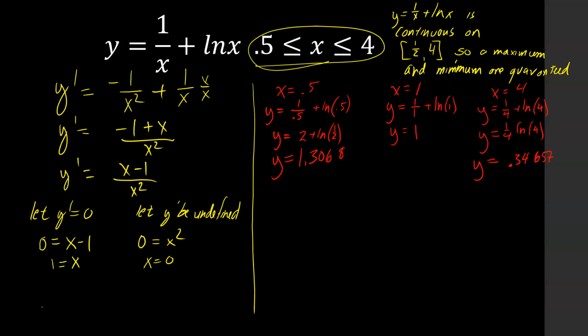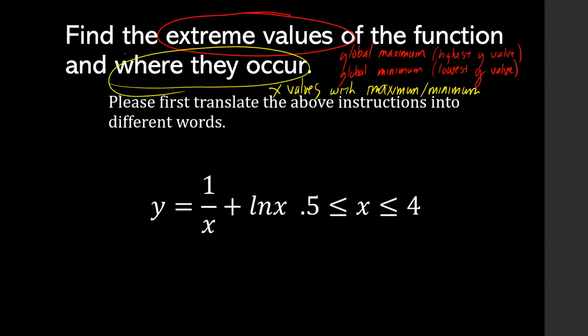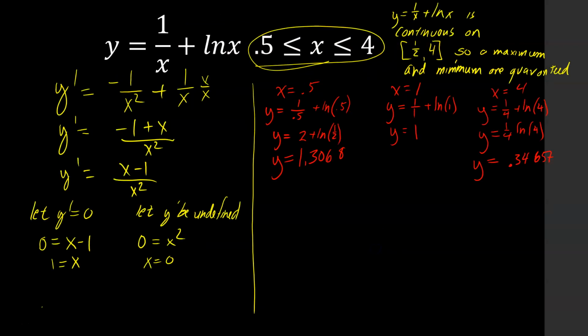Don't forget, we switched pages, so I had more room to write, but we wanted the extreme values and where they occur. That's going to be a lot of writing.